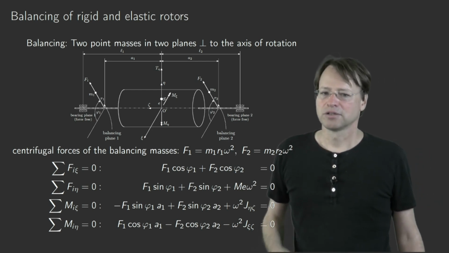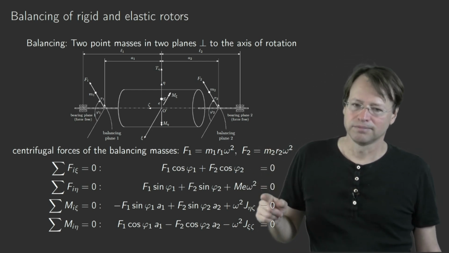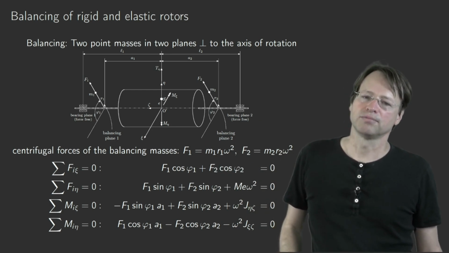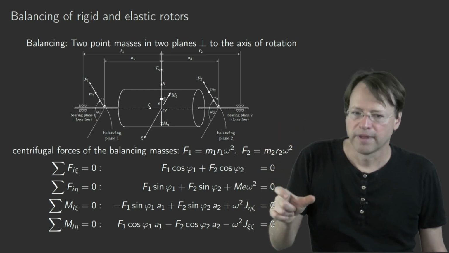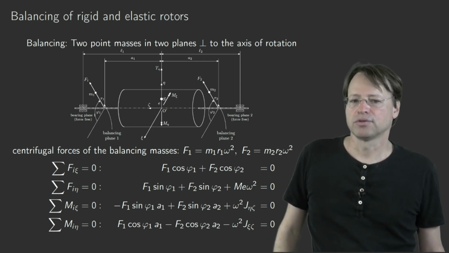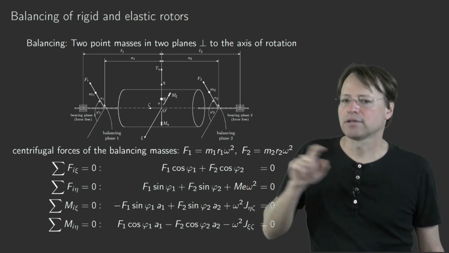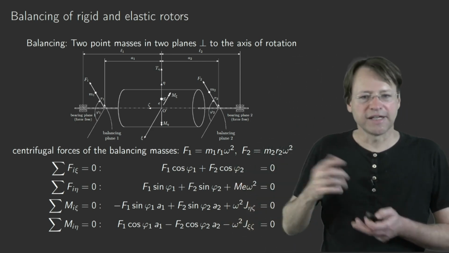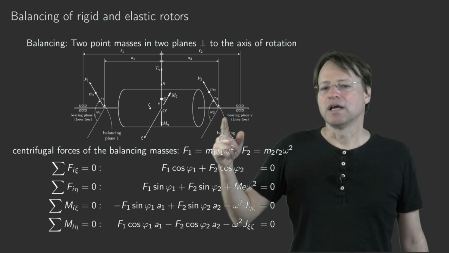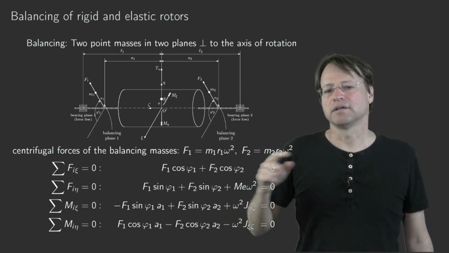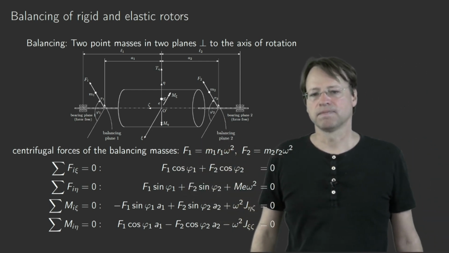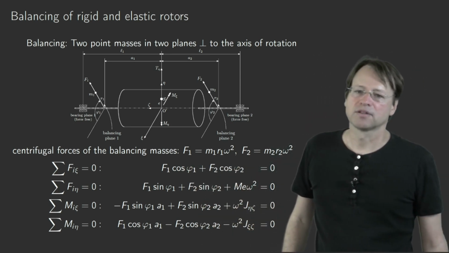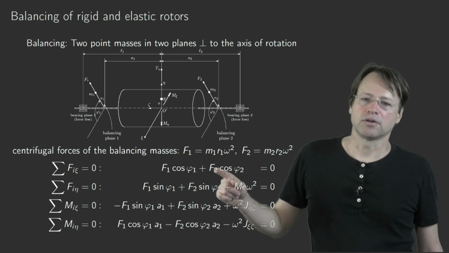So write down the equations of motion that you have seen before, set all the bearing forces to 0, and add the terms that now counteract these bearing forces, including the forces from the balancing masses. Then we have to project them to the xi-axis by the cosine functions.